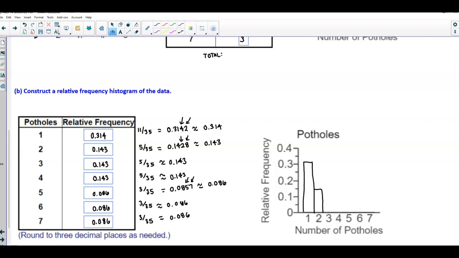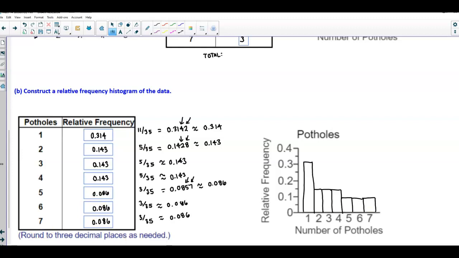That is also for 3 and also for 4. For 5, it's approximately 0.086, which is about 0.09, right below the 0.1. And it's the same for 6 and 7 as well.